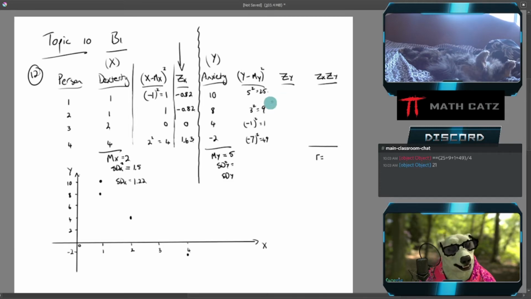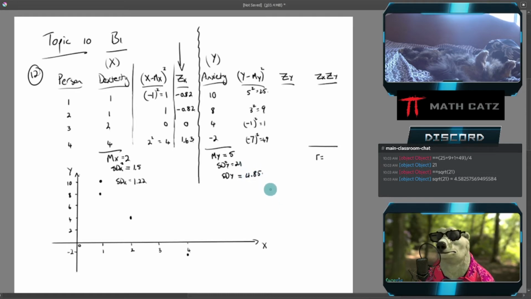And we get a variance of 21, which means the standard deviation is simply the square root of 21, which is roughly 4.85.